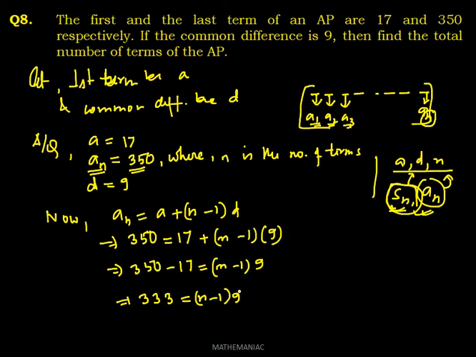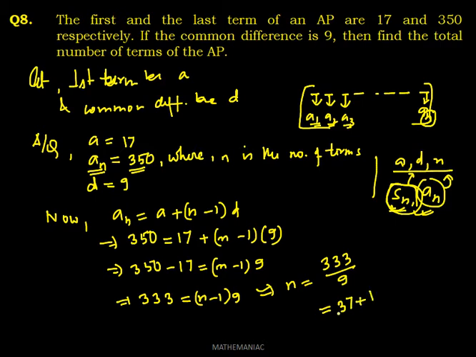So now from here you can easily work out the value of N. N minus 1 will be equal to 333 divided by 9. 3 9s are 27, and after that 63, so 37 9s are 333.